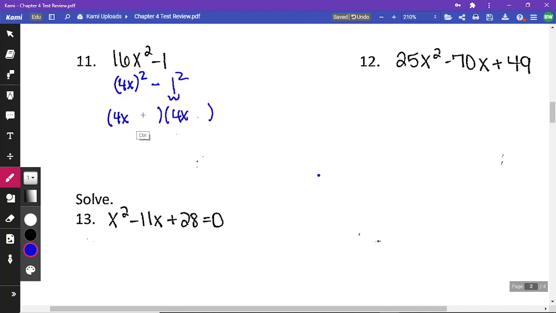So we put minus 1 and plus 1. That's why I like to write it as the difference of squares. Something squared, 4x is squared. Something is squared here, 1 is squared. So the 4x goes there, the 1 goes there, 4x goes there, the 1 goes there.